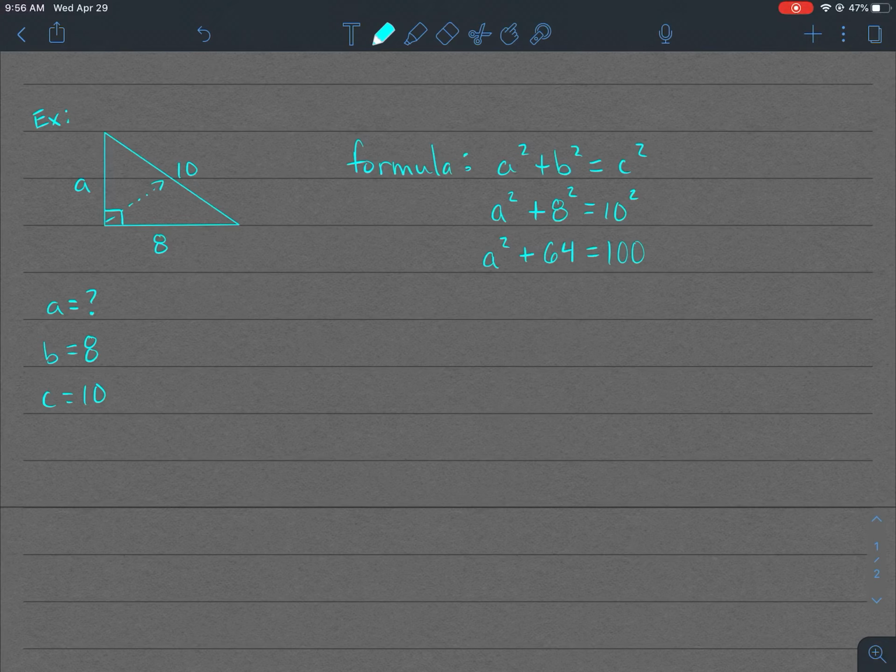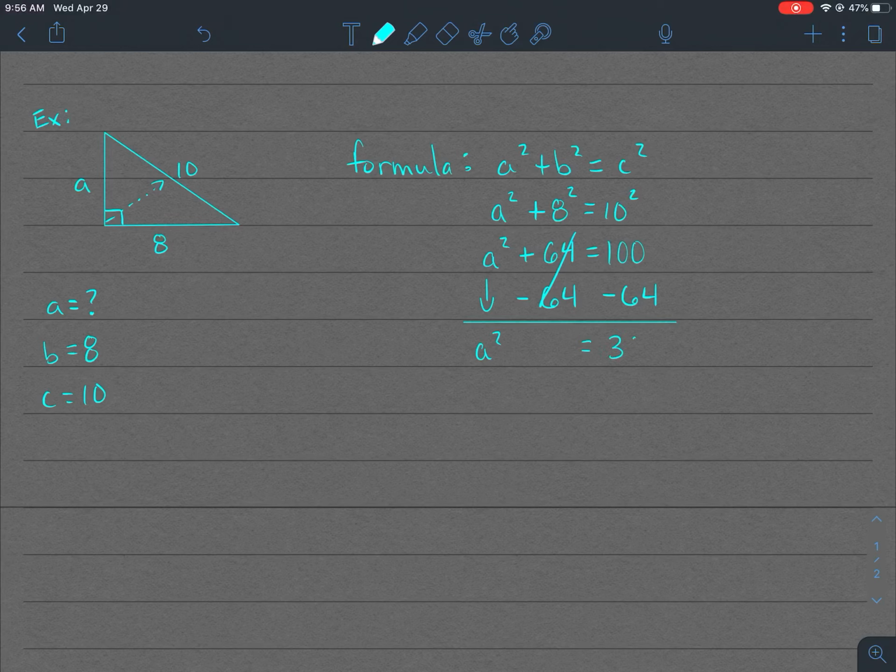Now we have to keep solving. What's my next step? My next step is to subtract 64 from both sides, because we're trying to get A all by itself over there. So we've got to get rid of this 64. That cancels. A squared falls down, equals, what is 100 minus 64?